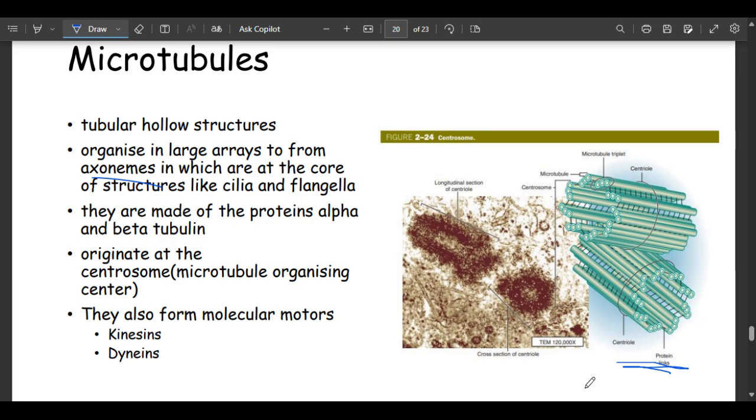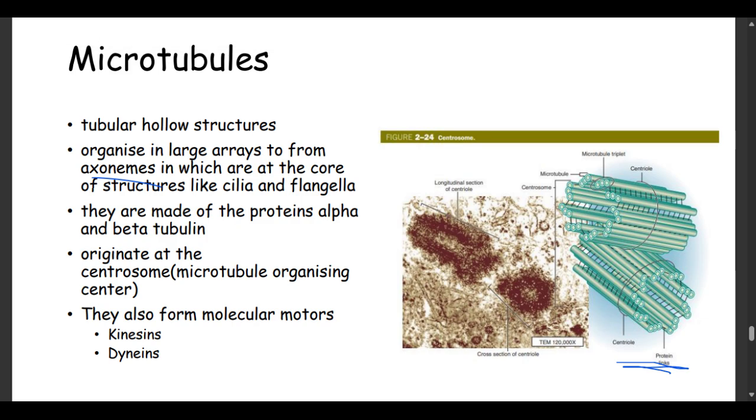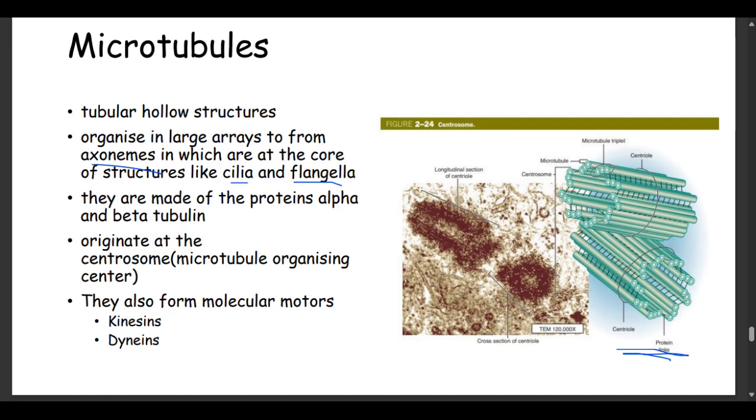And then they are going to form different structures that are responsible for other cellular extensions, let's call them that for now, that are responsible for other cellular functions, like for example cilia and flagella. So for example, the cells that have cilia, at their core, they're going to have these structures that are made up of microtubules.